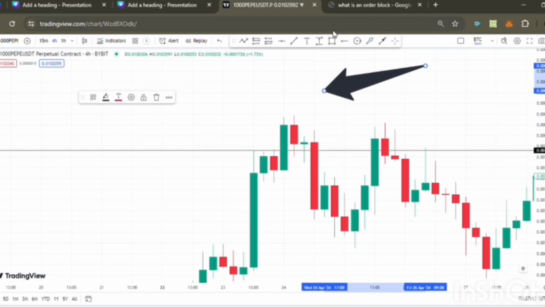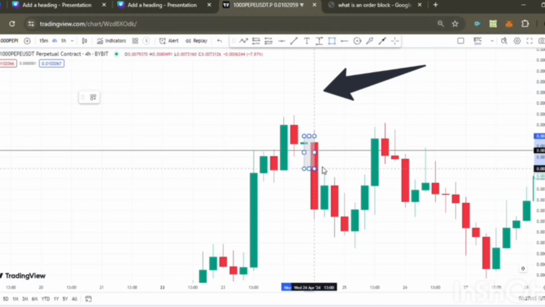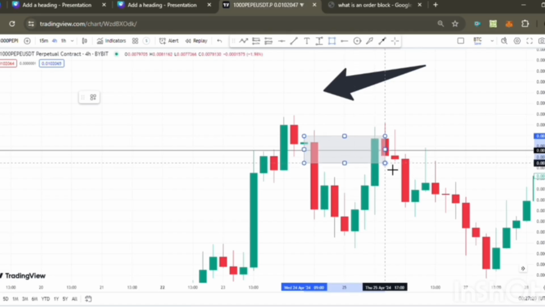Now let's draw it like this, so you can see it. It's considered as our order block.